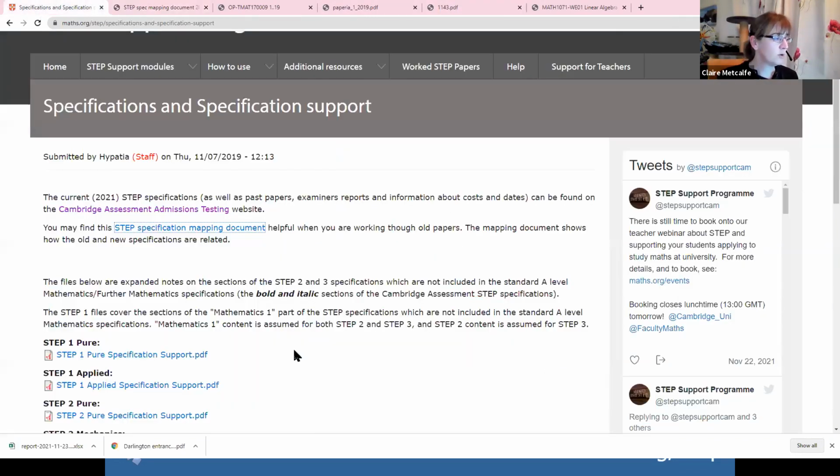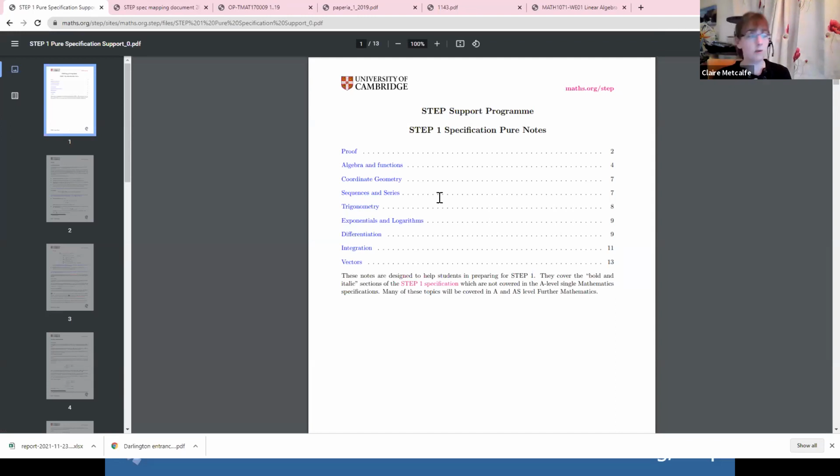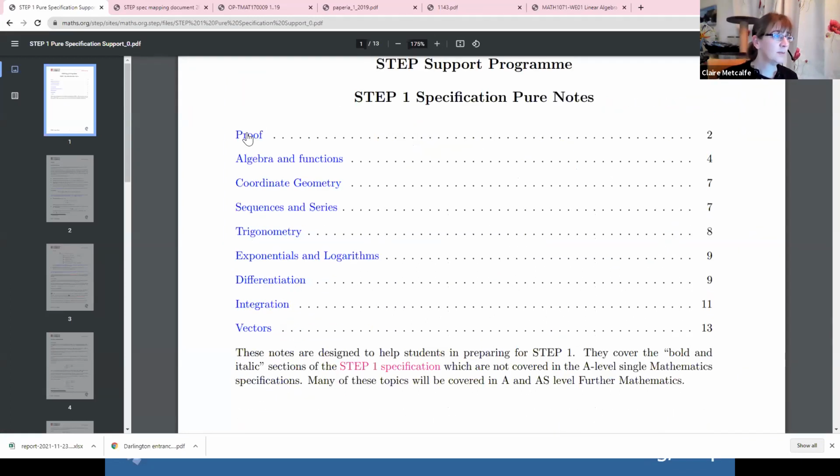The only other thing I want to talk about in terms of specifications is we are aware there are some bits of the specification which are not covered in schools as a matter of course. So we have some notes here for students who might want to refer to these when they're working through some STEP questions.